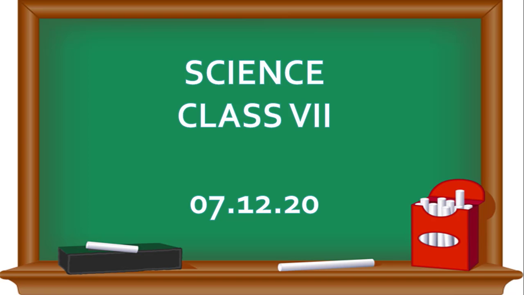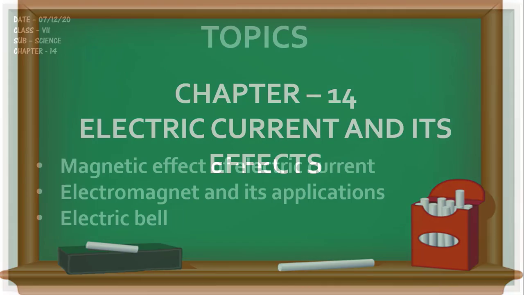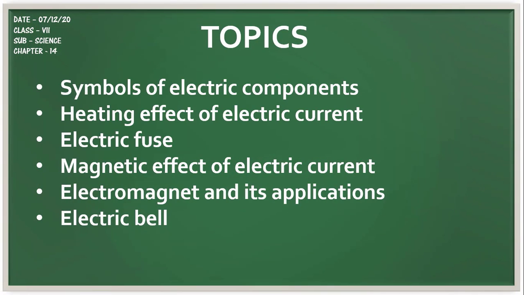Today we are going to start a new chapter, that is chapter number 14, electric current and its effects. The topics which we are going to cover in this chapter are symbols of electric components, heating effect of electric current, electric fuse, magnetic effect of electric current, electromagnet, applications of electromagnet and electric bell.